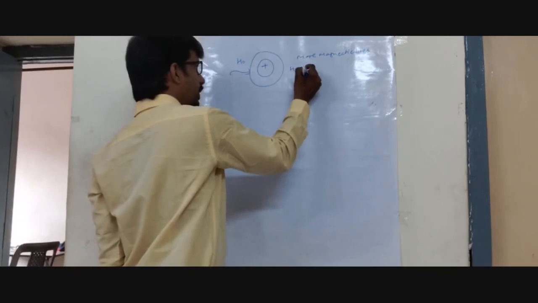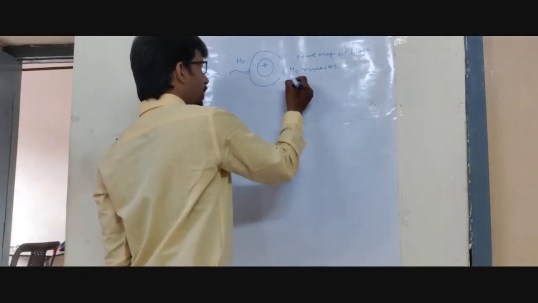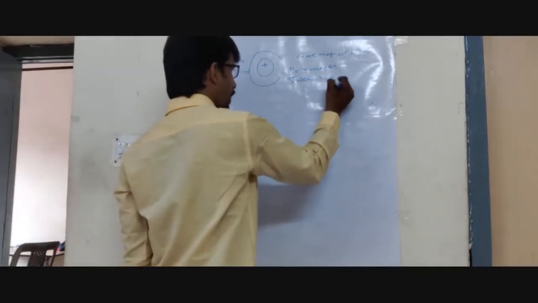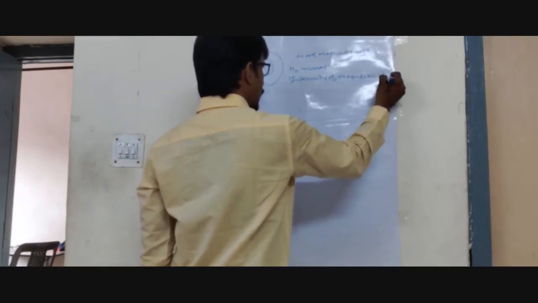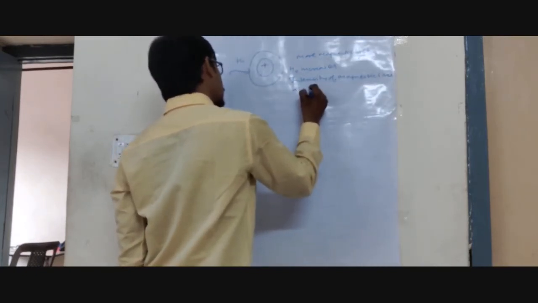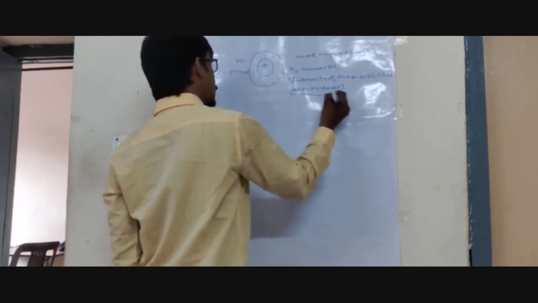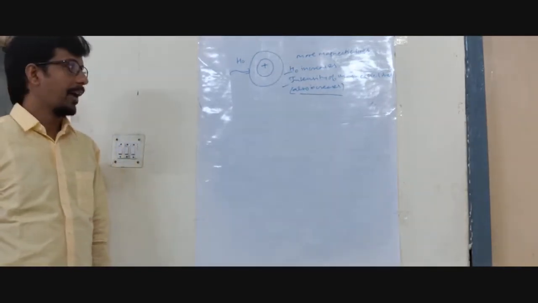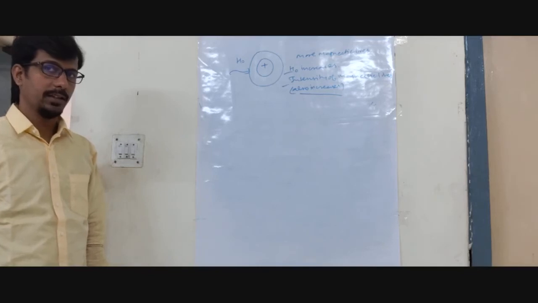As H naught increases, H naught being the magnetic field, what will be the intensity? The intensity of magnetic lines also increases. You should understand in this manner.